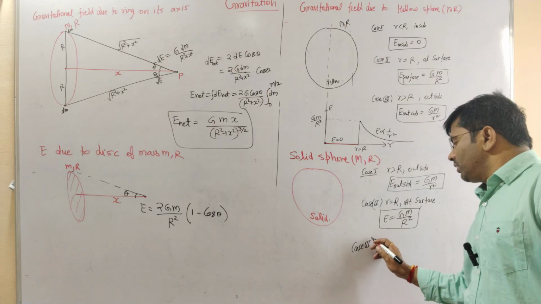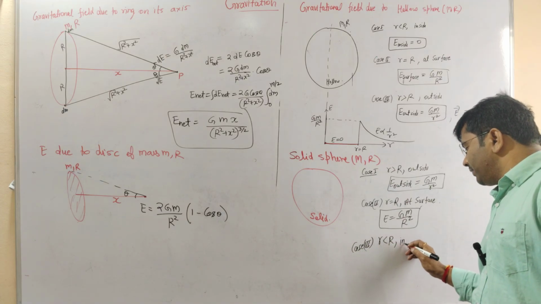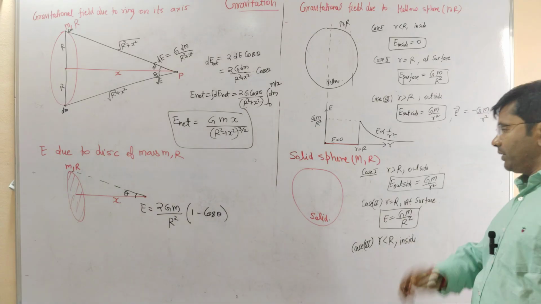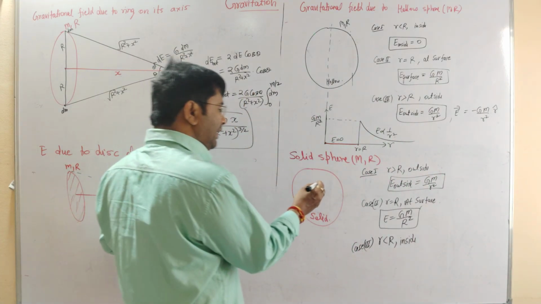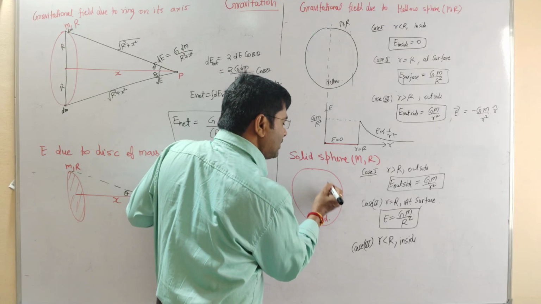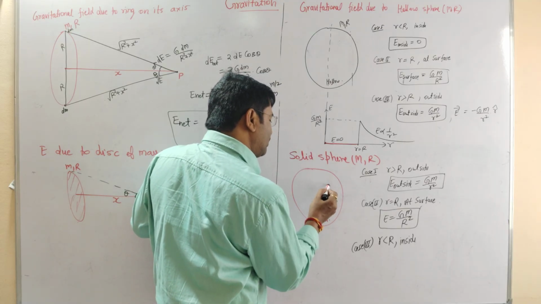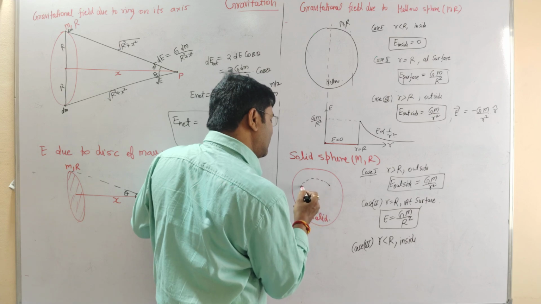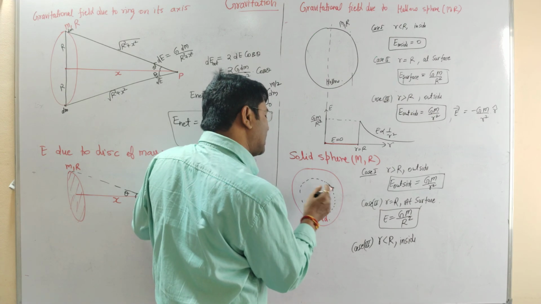So small r less than capital R, that means inside. Now this is a solid sphere, so I can derive this formula. Let's find the gravitational field here. This is the center. I will imagine one imaginary sphere, and let's take the mass inside the imaginary sphere as m dash.